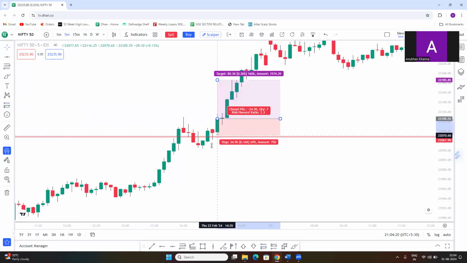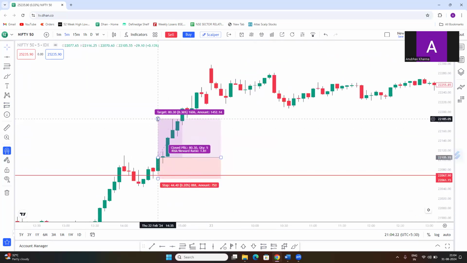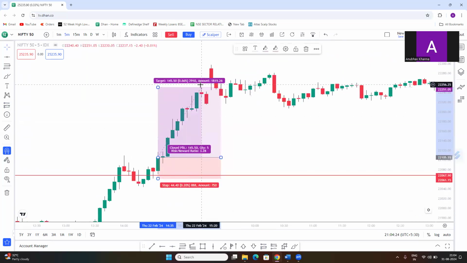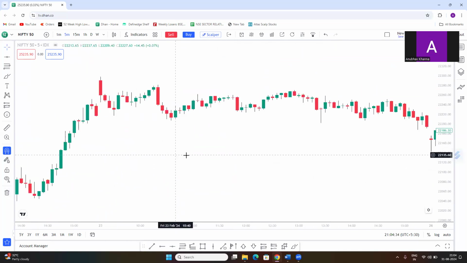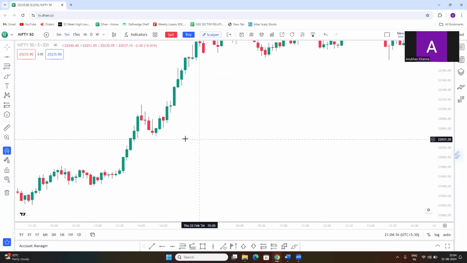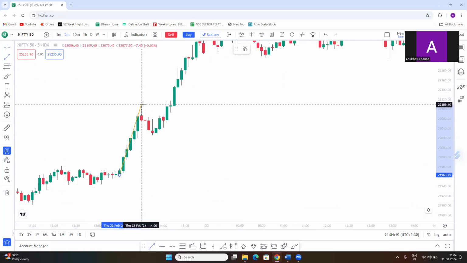I can enter here with a stop loss of this and I can earn this, about 145 points. Using intraday swings, if you follow them with your heart, you can definitely get 50, 60 points more than that for sure.